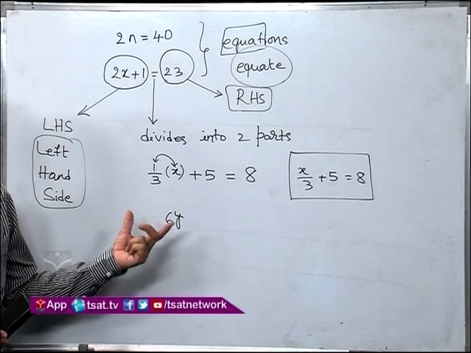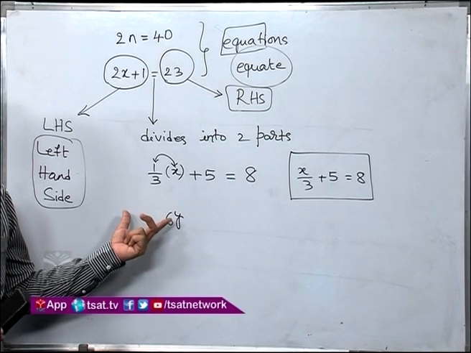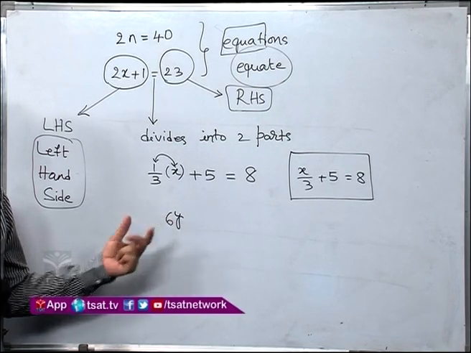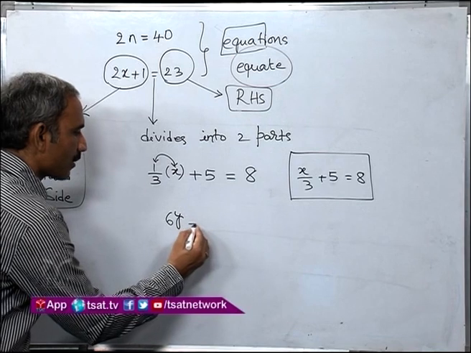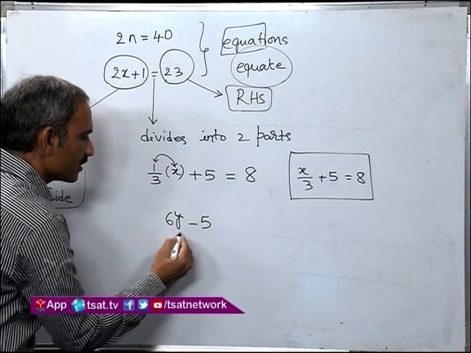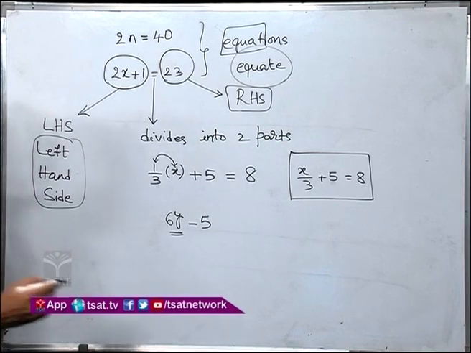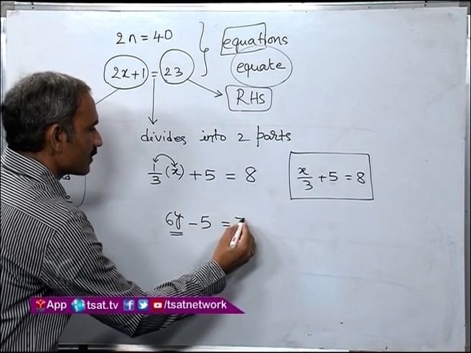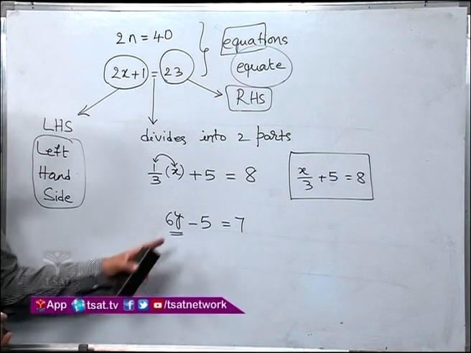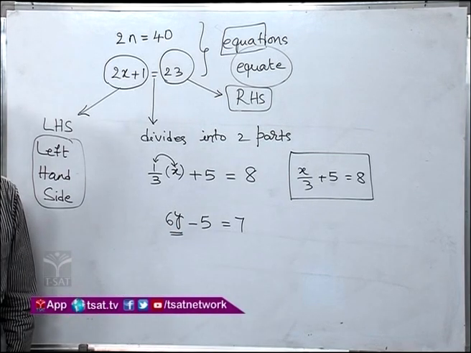If you subtract 5 from this product, we get 6y minus 5. This gives how much? 7. This is also an equation, right.